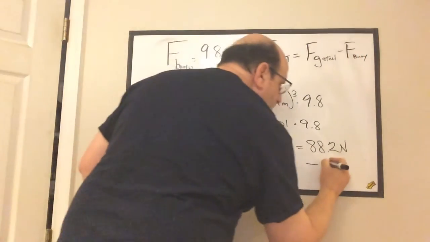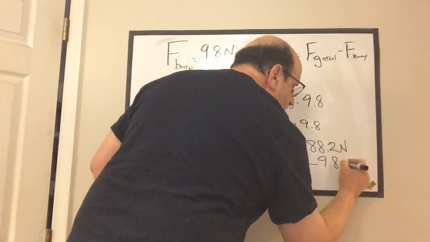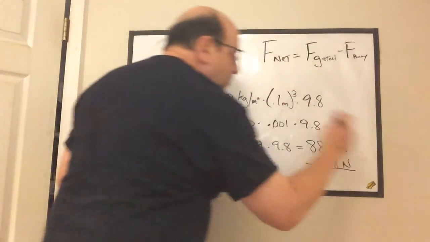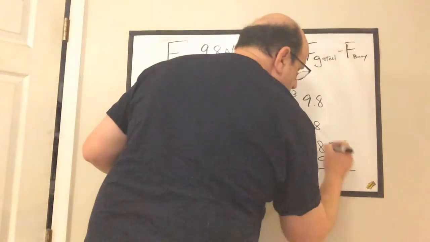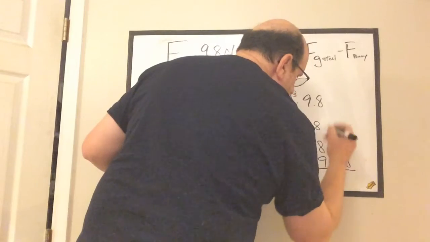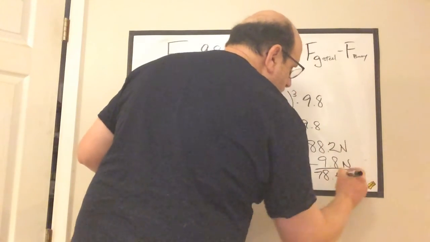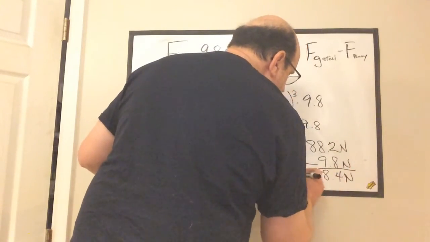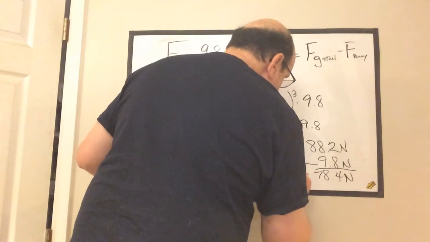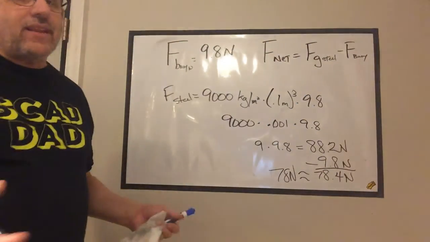So all we had to do was subtract 9.8 from this, and we would find out 12 minus 4 is 8, and we get 78.4 newtons, which is just about 78 newtons, right? And that was it.